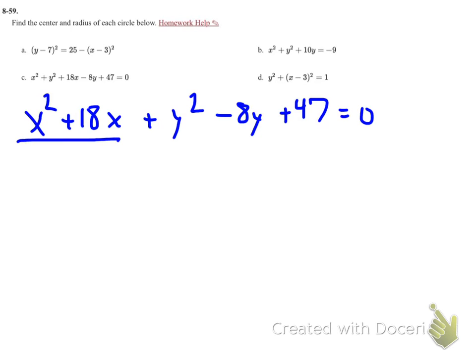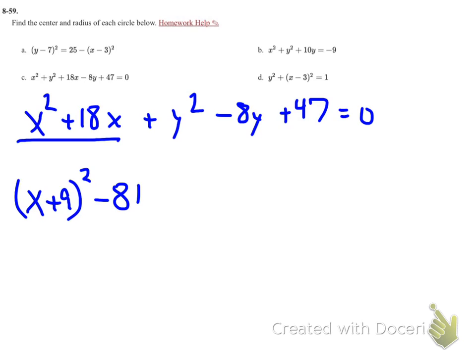If I complete the square with this, I'm going to be making an (x plus 9) square. If that's the size of the square, that means in order to complete the square, I need to add 81, so I need to subtract 81.